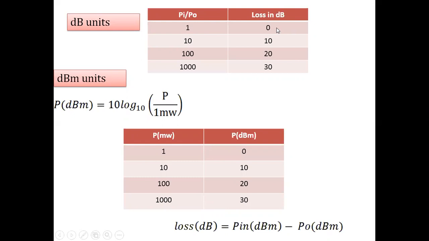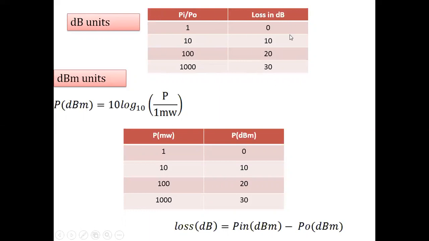If it is a factor of 10, then it is 10 dB. If it is a factor of 100, the loss in dB is 20. And if a factor of 1000, it will be 30 dB. So this is how power can be represented in terms of dB.